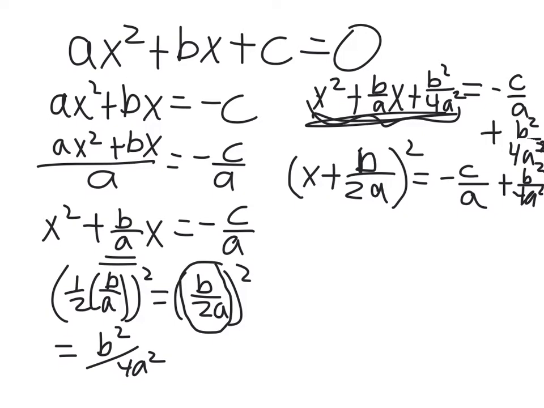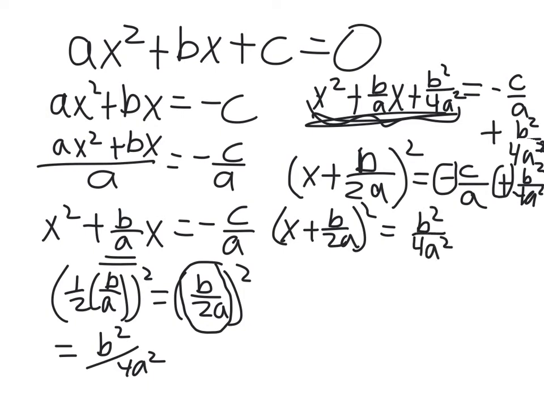And like a lot of places where we have a negative and then adding a positive value, a lot of times the form will flip that around where we have the positive first and then minus the other one, rather than a negative plus the positive value. So I'm going to go ahead and rewrite that. And as we do that, we're going to need 4a squared to be our common denominator for those fractions.